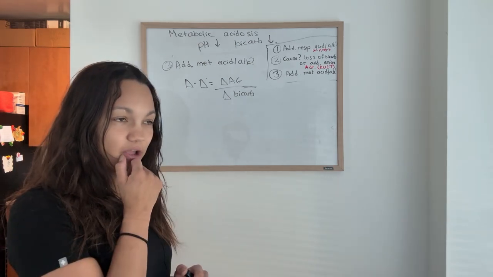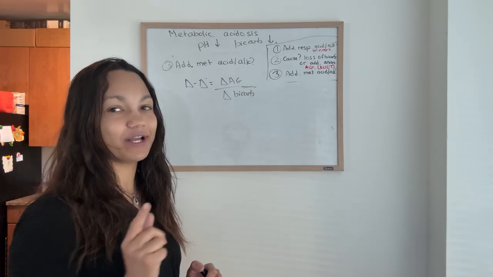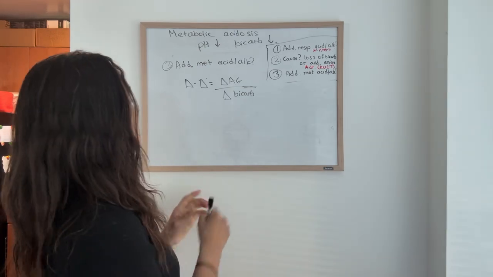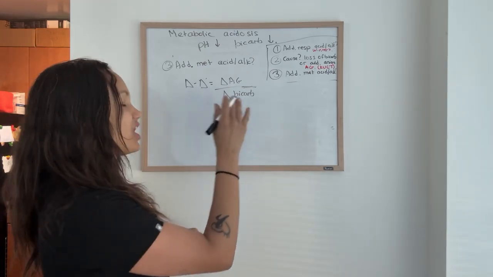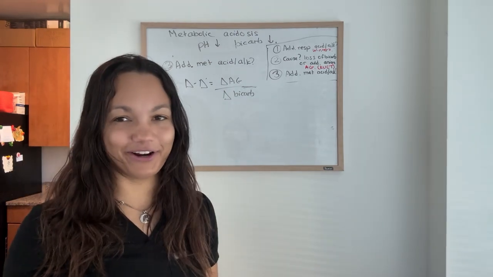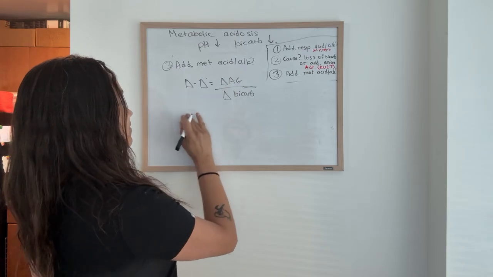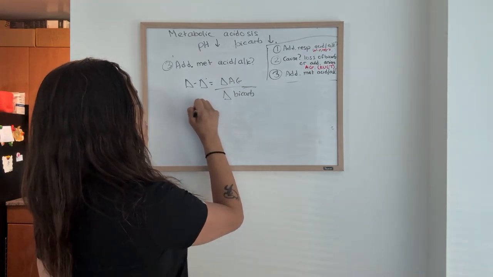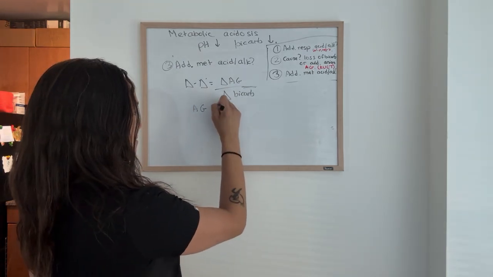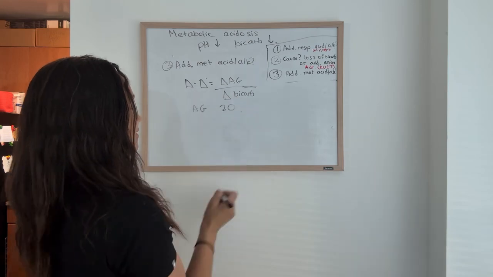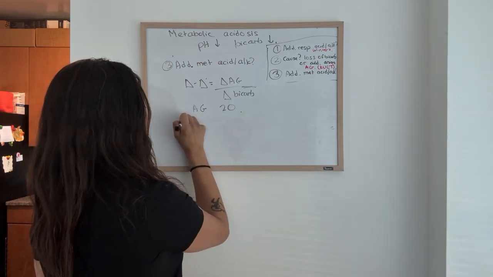Something to be said about the wiggle room you get with your delta. So your bicarb can actually be a little bit higher than the expected bicarb. To explain what I mean by that, suppose my anion gap was 20. What's my expected bicarb?